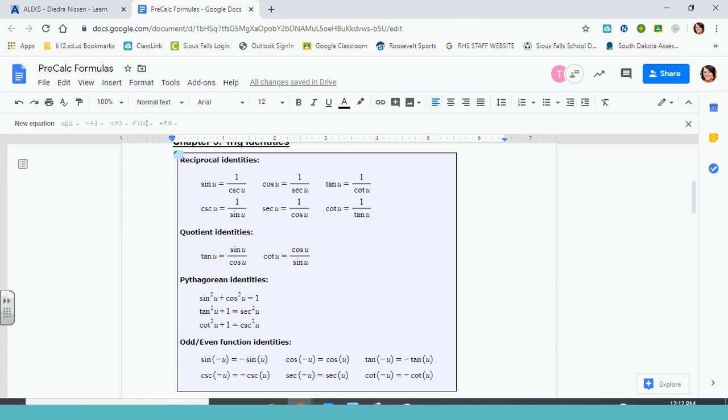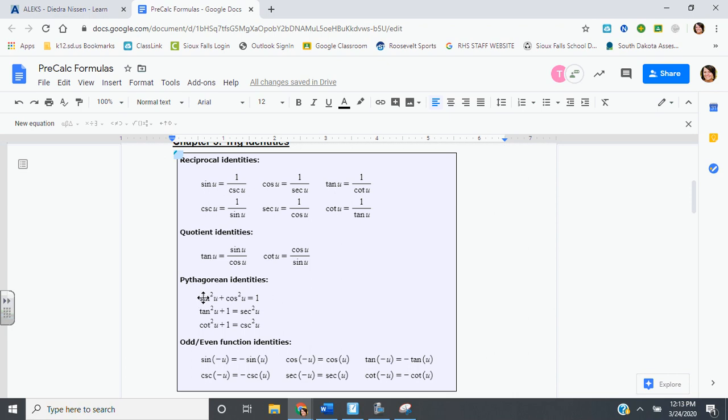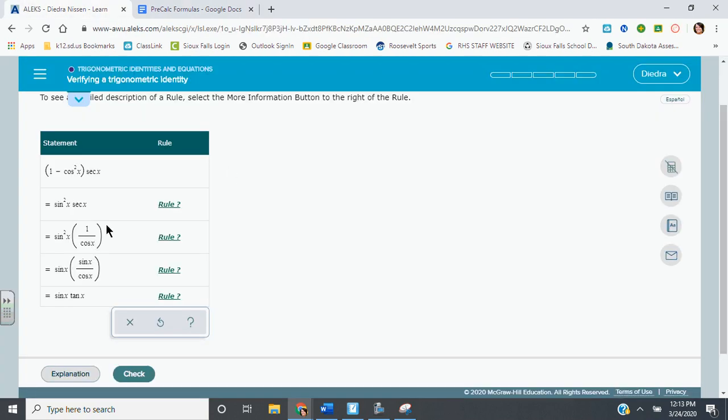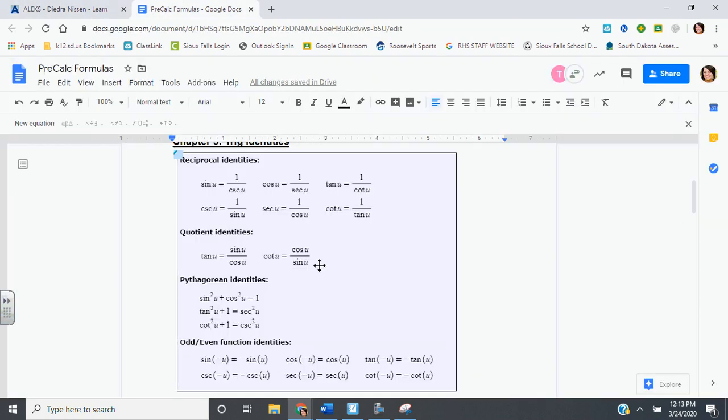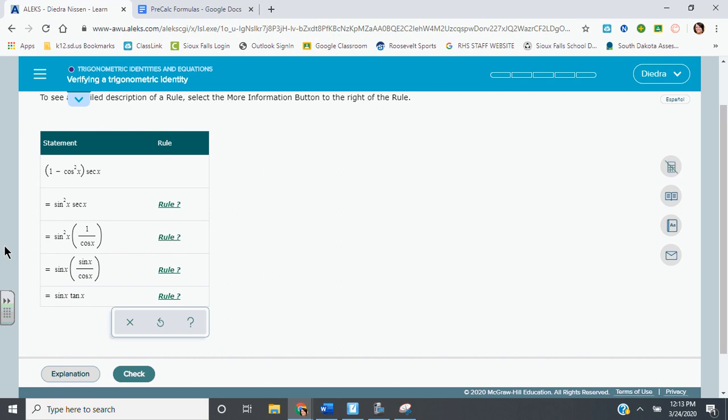Now, I don't see 1 minus cosine squared, but remember that you can rewrite any of these Pythagorean identities to solve for another piece. So going back here, I've got 1 minus cosine squared. If I subtract this cosine squared over to the other side of this first equation, that's going to be equal to sine squared. And so I can replace that 1 minus cosine squared of x with a sine squared of x.